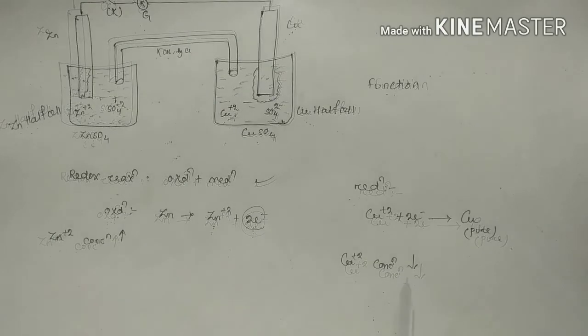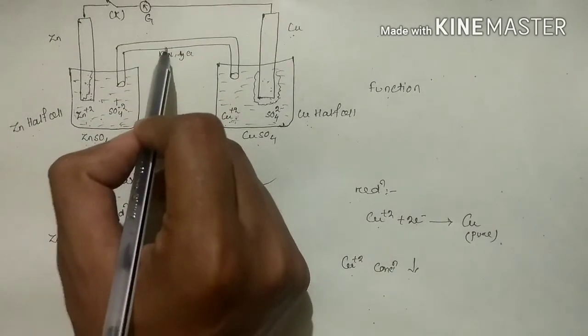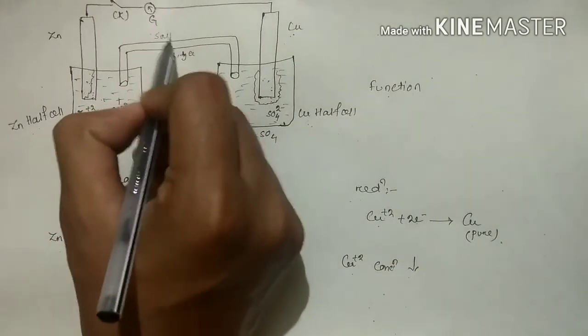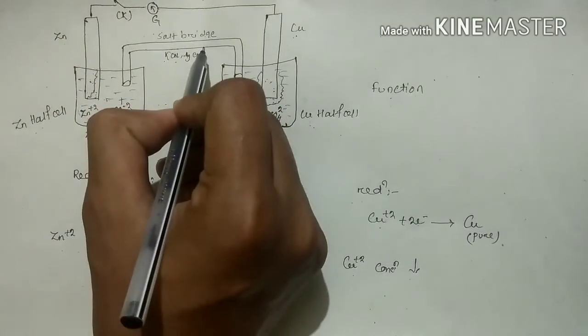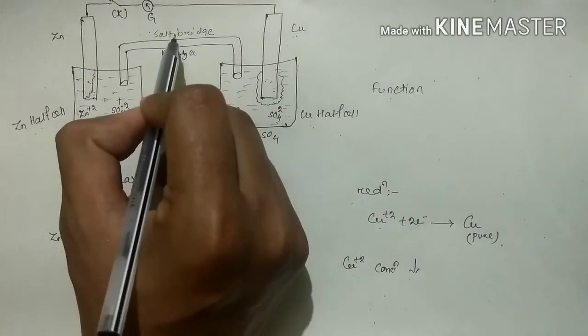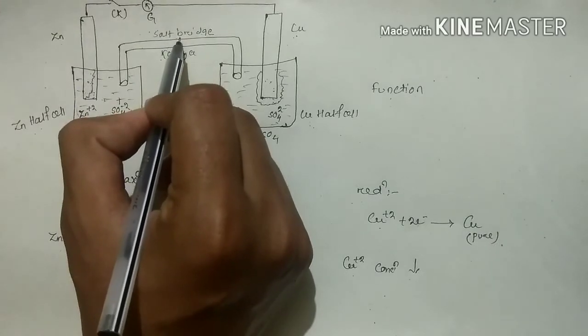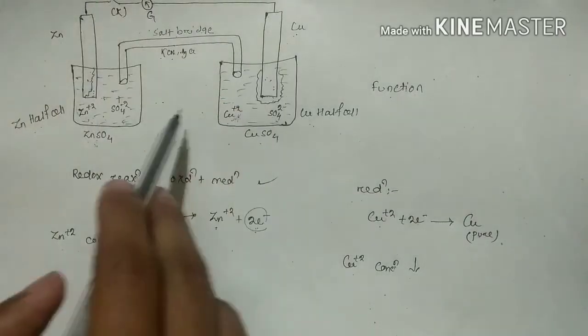It is very important: what is the function of the salt bridge in the working of a galvanic cell? We know that this is the salt bridge, an inverted U-tube like structure. So what is the function of this salt bridge in the working of this galvanic cell?